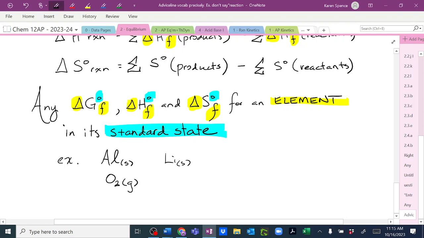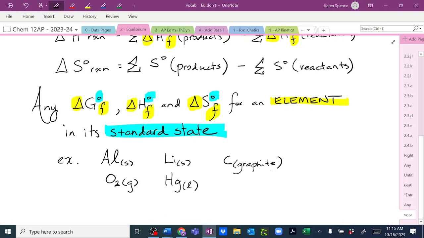What's the standard state for mercury? Okay, so all of those are just like that. And for carbon, carbon is a weird one. They consider it to be graphite, okay? Because there are several solid forms of carbon. Graphite is considered to be the standard state for carbon.